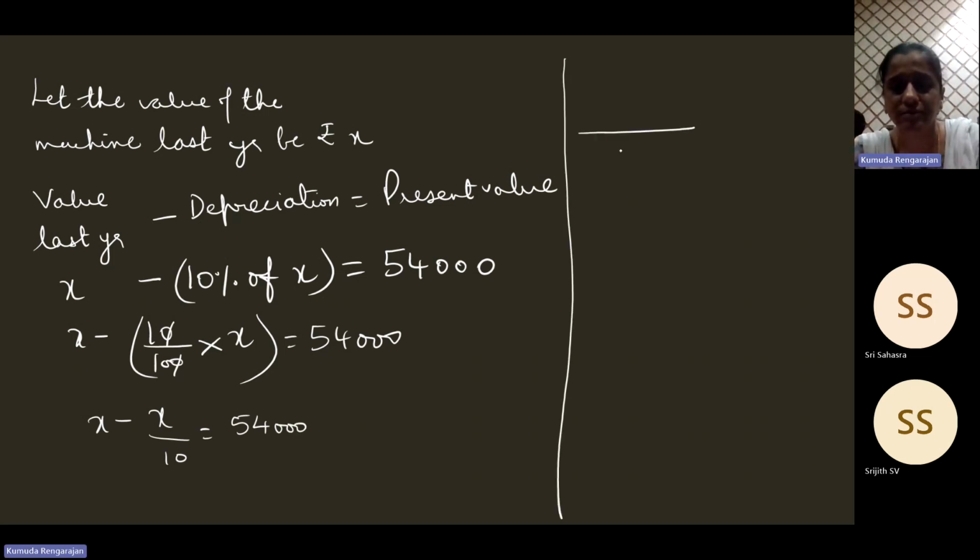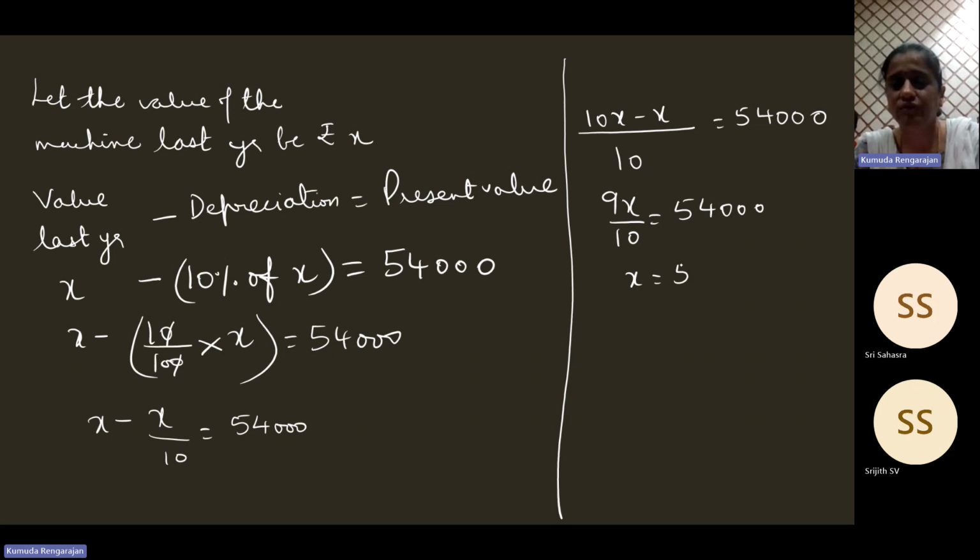So when you take the LCM, 10x minus x is equal to 54,000. 9x by 10 is equal to 54,000. X is equal to 54,000, and 9 by 10 becomes 10 by 9 on the other side.